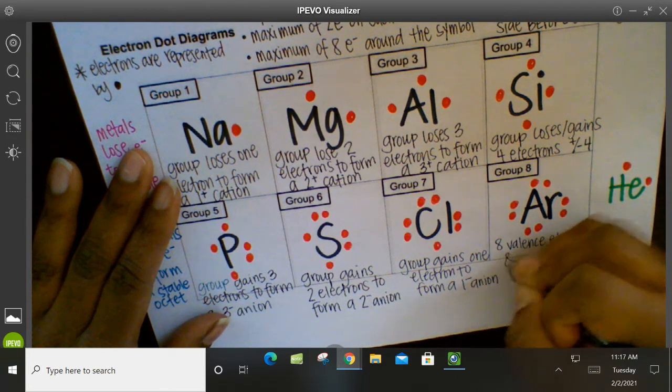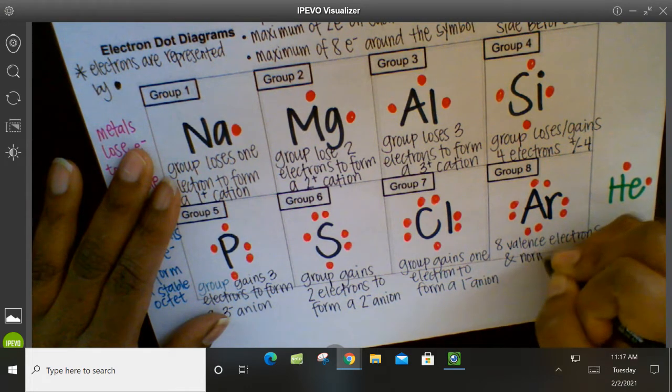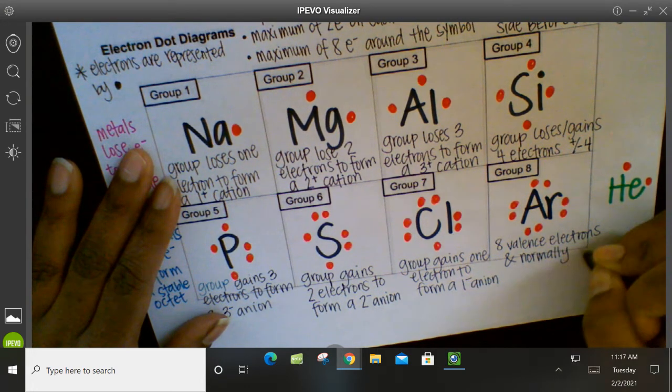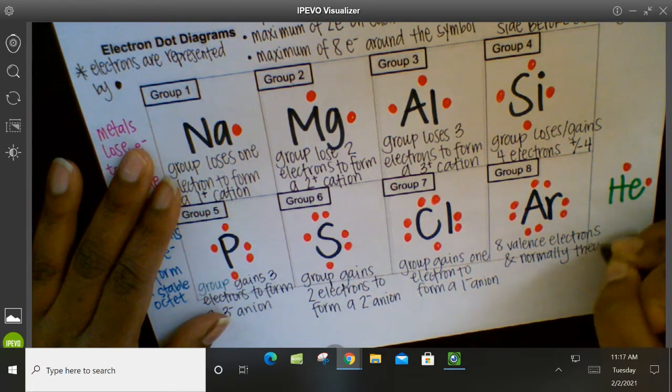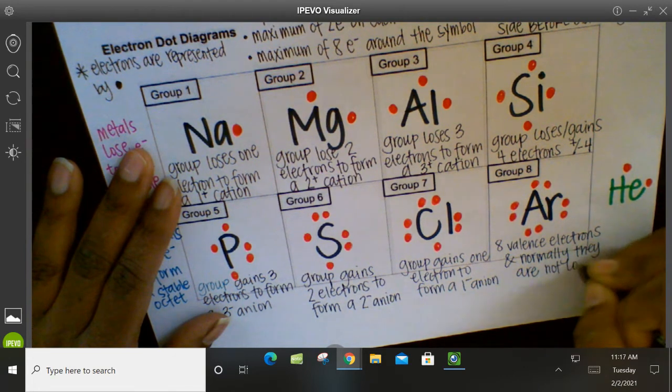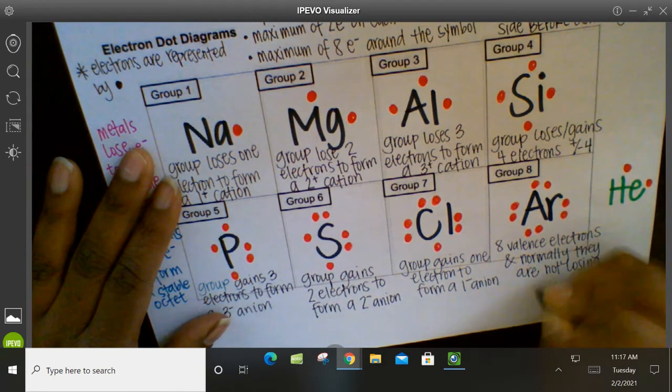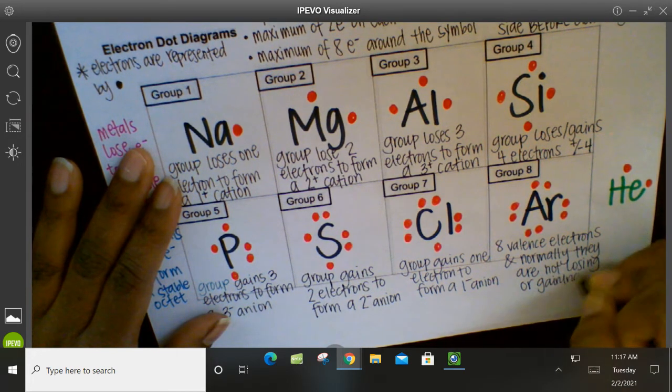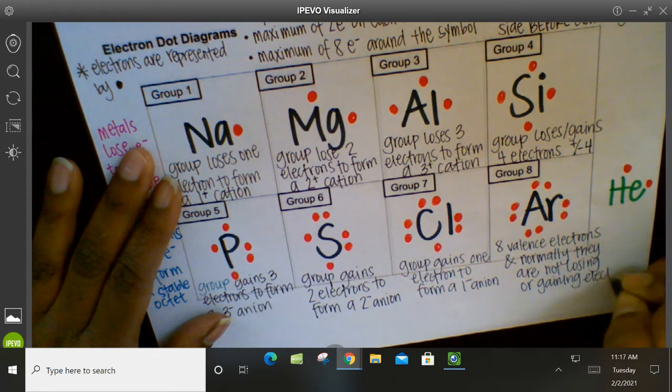And normally, like I said, they are not losing or gaining electrons.